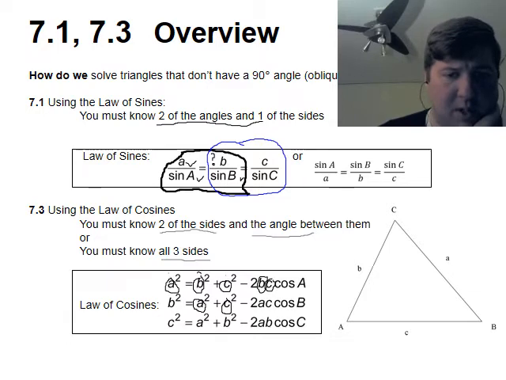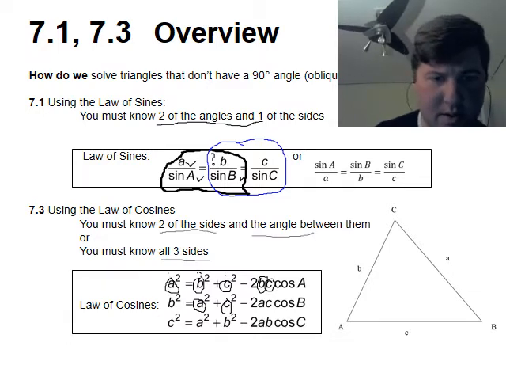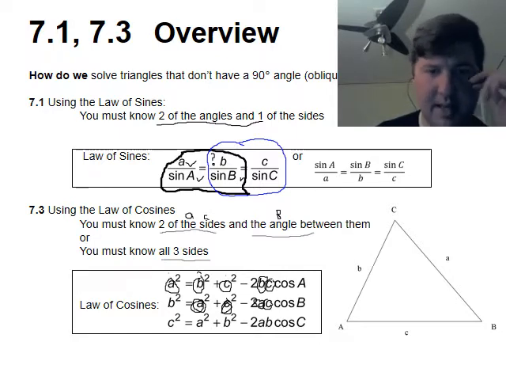So if, for example, we knew side A and C, there we go, and we knew the angle between them, which in our case is capital B, we would use this second version of the formula that has that side A, side C, side A again, side C again, and then our angle B.